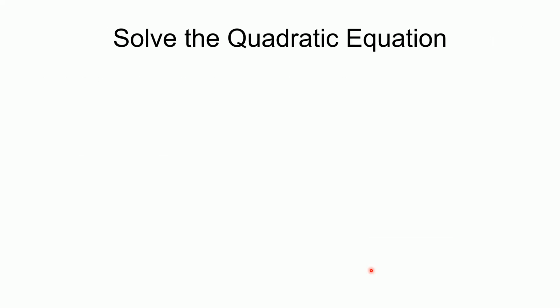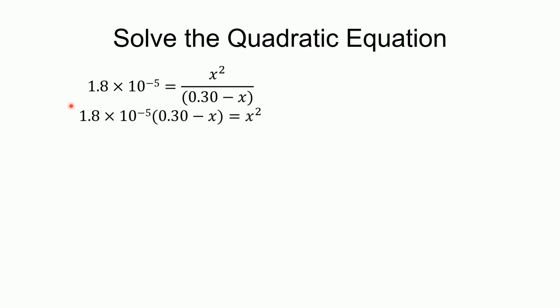So, solve the quadratic equation using the quadratic formula. Well, to use the quadratic formula, we need to get the equation into the correct form. And what that means is cross-multiplying this equation and solving for 0. So when we cross-multiply, we've got that times that difference.